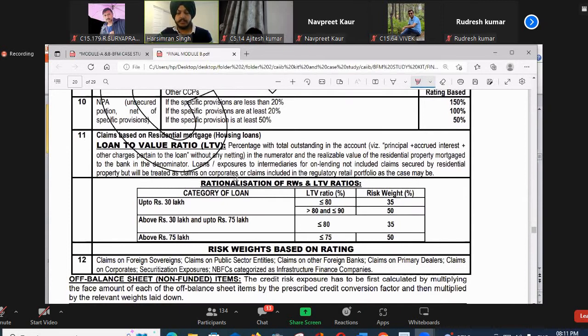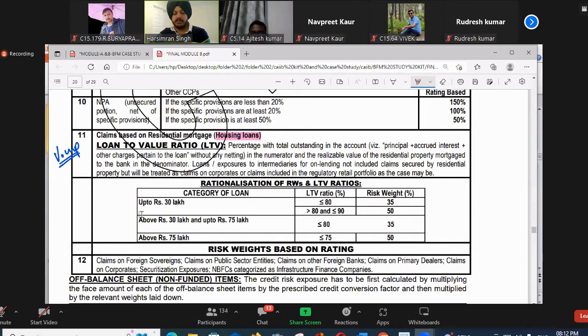Then this LTV ratio chart, this is very, very important. What is this LTV ratio? Loan to value ratio. Remember this chart first. Now, if you have given a loan, housing loan, these are only for housing loans.